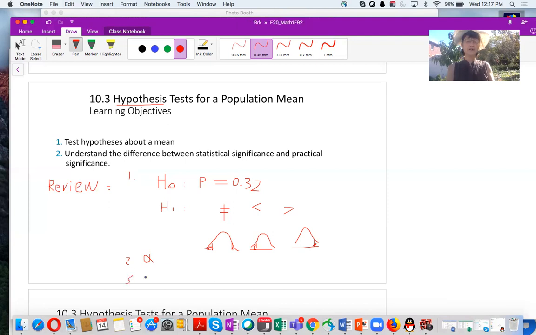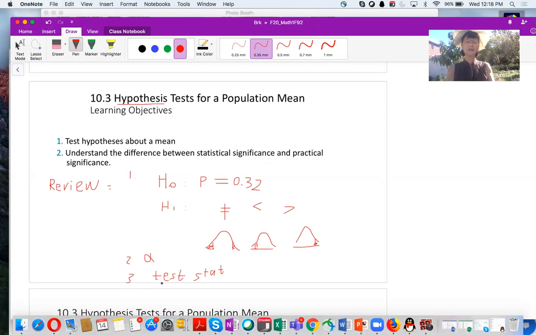Step 3, you calculate test statistic. Test statistic is just a formula, depending on whether it is a test about population proportion, a mean, or a standard deviation. You have different formulas, which means a different test statistic. Step 4, you find the critical value. And step 5, you draw conclusion.